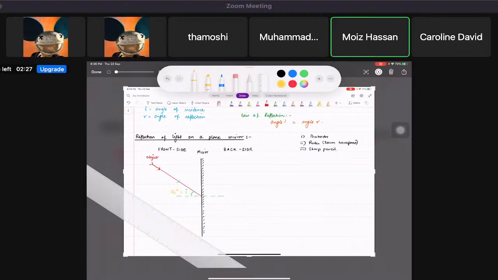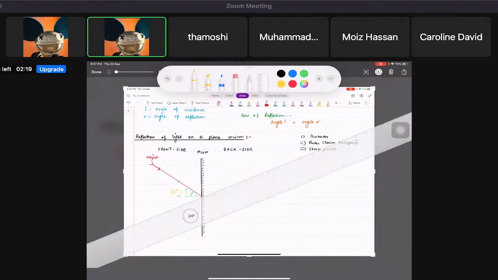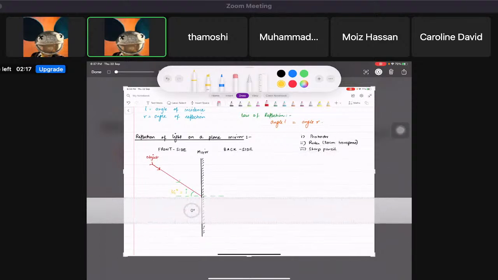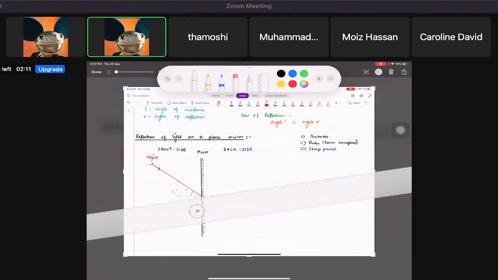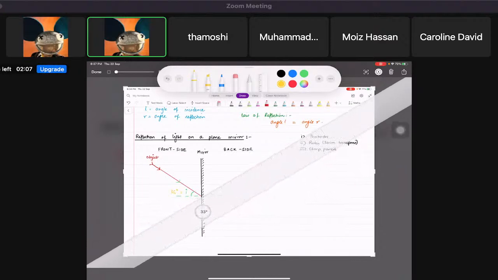Yes. Okay. Then what you're going to do is measure the same angle on this side. So you can put the protractor and measure 36 degrees. Whatever your angle is, don't follow mine because mine would be a bit different, of course, because of my line.